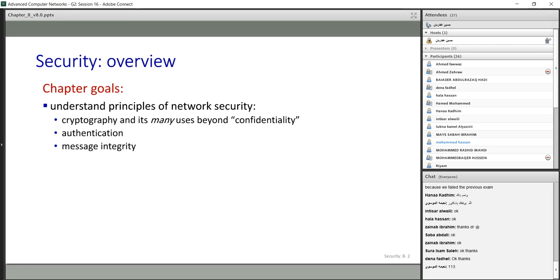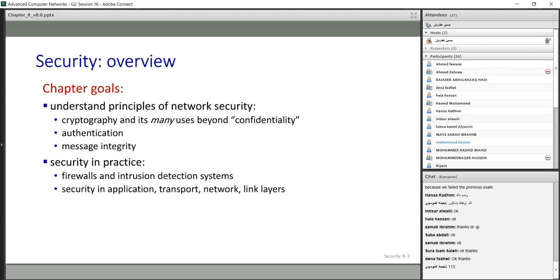Especially, we talk about cryptography and confidentiality, authentication, message integrity, and also some practice in security using different devices in computer networks to keep the network secure.